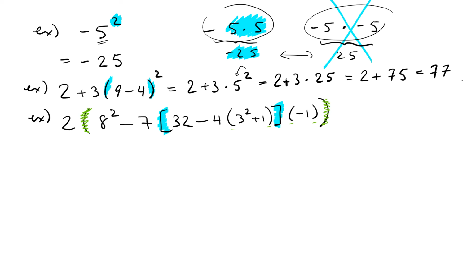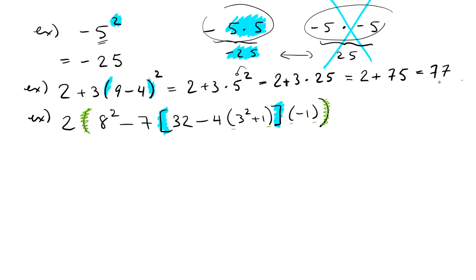So when we evaluate something like this, I have to evaluate what's inside a bracket first. Now the outermost brackets are the green ones. So then I move inside, and what do I find inside?